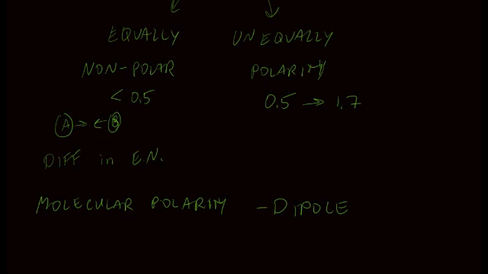Then we need to look at the overall molecule to see if in fact it is polar. Now, if all the bonds are nonpolar, the molecule itself can't have a dipole, can't be overall polar. However, you could have a case where the bonds are polar and the overall molecule doesn't have an overall polarity. It has no dipole. And you can also have a case where you have polar bonds and overall the molecule has a dipole. And we're going to investigate how this would occur.